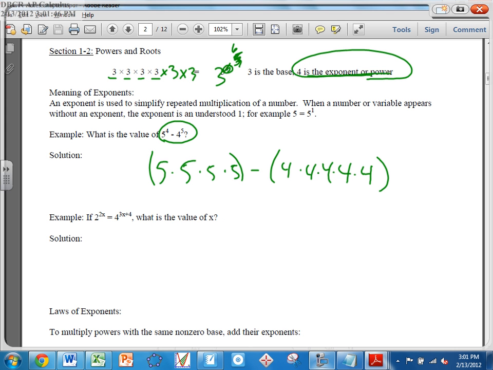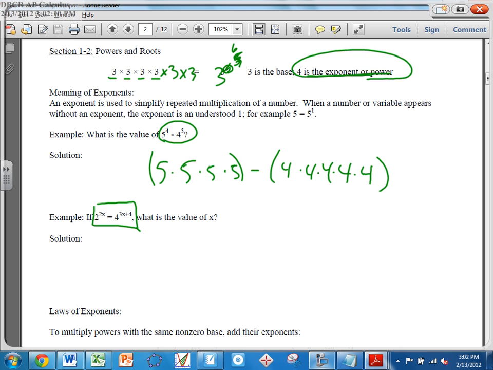For the second example, though, there is a trick. What you're going to notice here is that you have a different base on each side of the equation, which gives us a little bit of trouble. Now, here's what I want you to write down. Whenever there's a variable in the exponent, you need to get the same base.